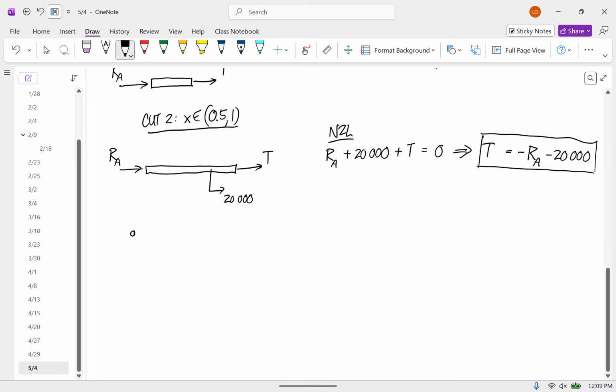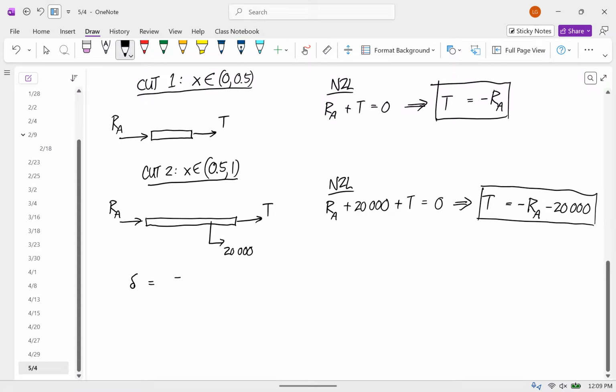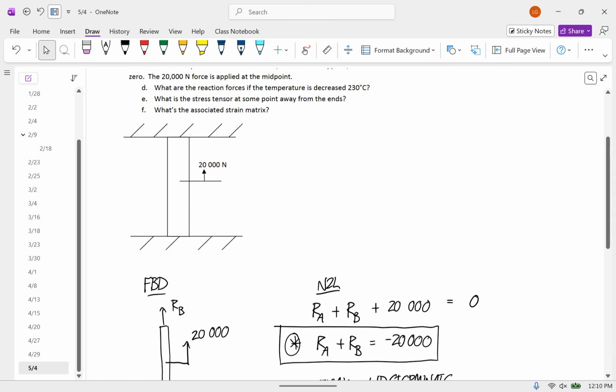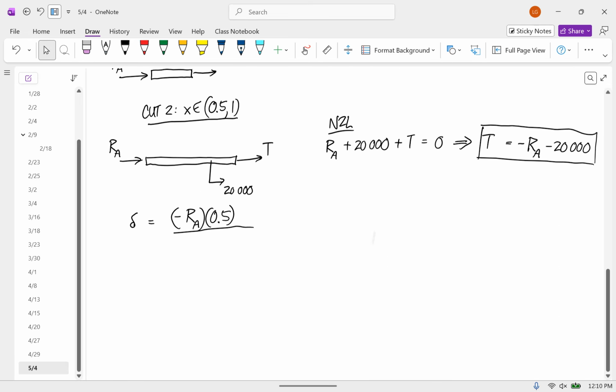So the elongation is TL over EA. So for the first half, our T is negative RA. Our L is 0.5. Our E, this is steel, so we have 200 times 10 to the ninth.